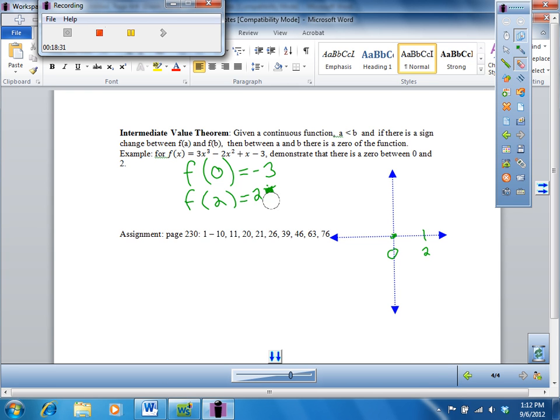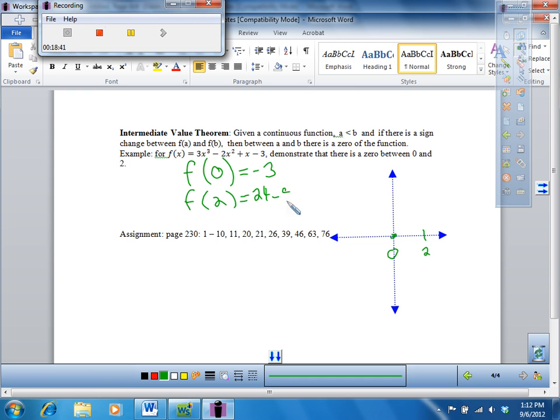But let me finish, okay? 24. 2 times 2 is 2 times 4 is minus 8 plus 2, right? Minus 3. Yes? So you get 24 minus 8 is 16 plus 2 is 18 minus 3 is 15.